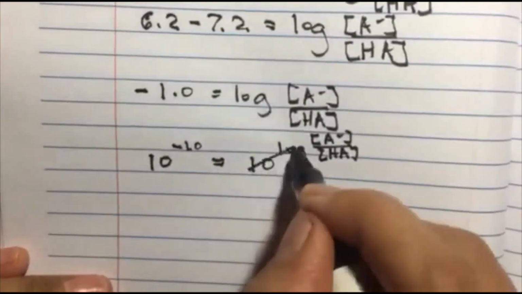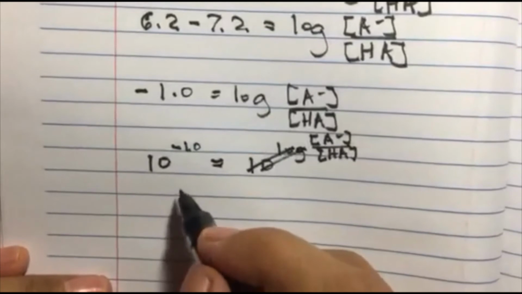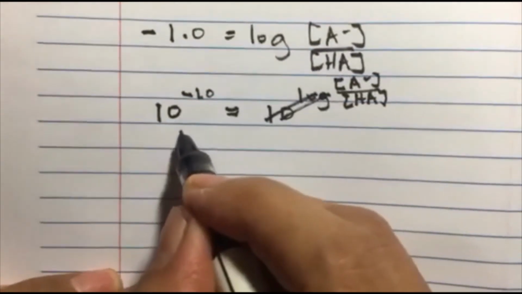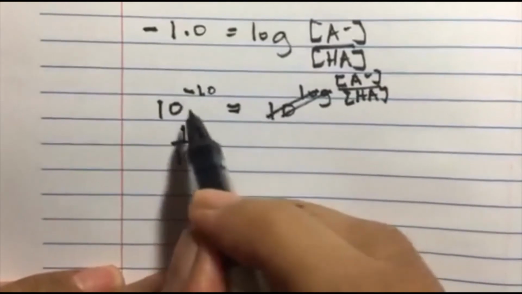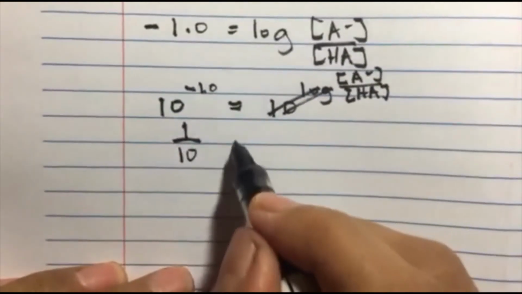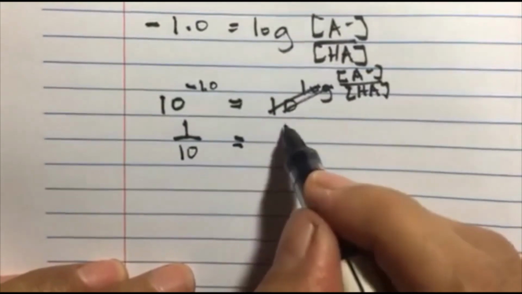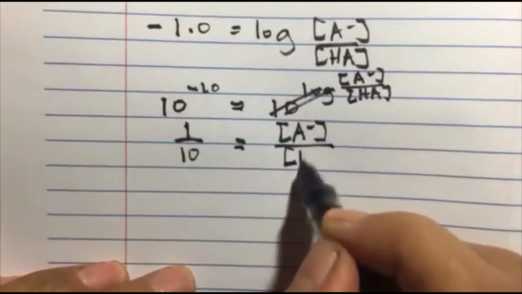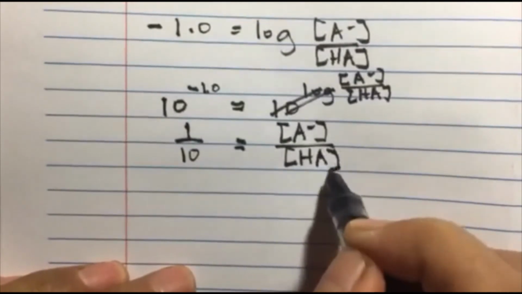So this one cancels out. The equation is simplified into 1 over 10, because 10 raised to the power negative 1 is 1 over 10, equal to the concentration of the conjugate base over the concentration of the acid.